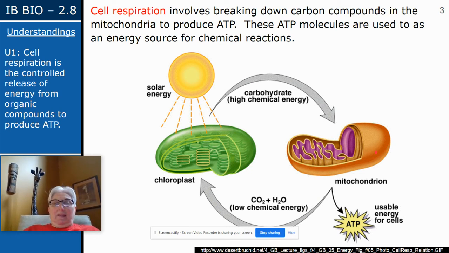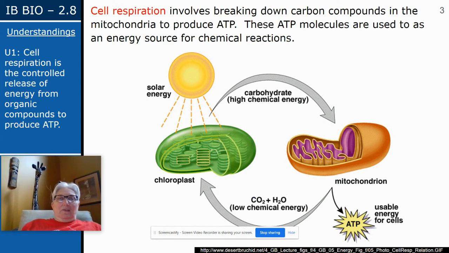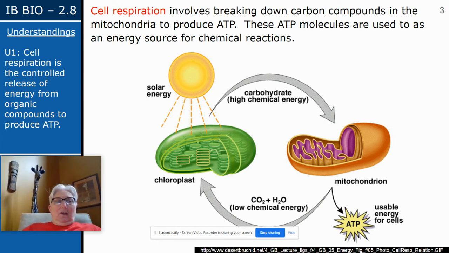Green plants will have a mitochondria, obviously, as well as any eukaryote. So that's why cell respiration can occur in many different organisms, not just green plants and algae like photosynthesis, because we don't need chlorophyll for cell respiration to occur.